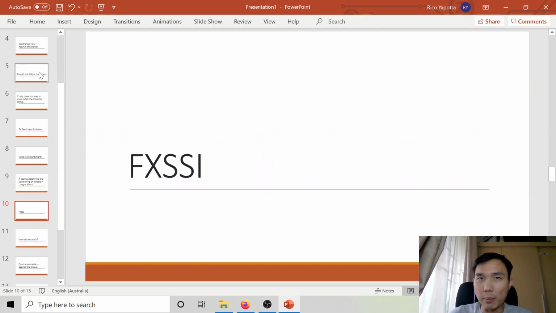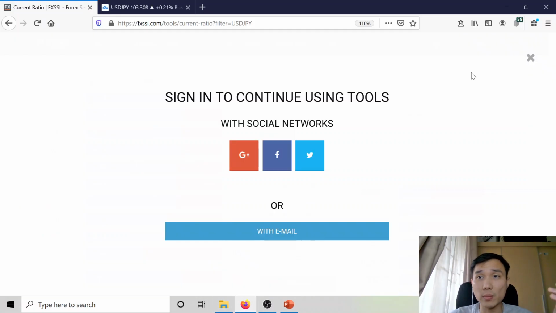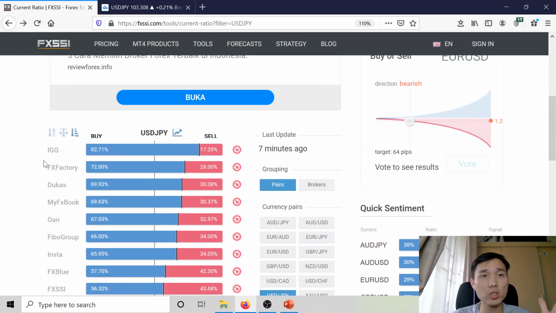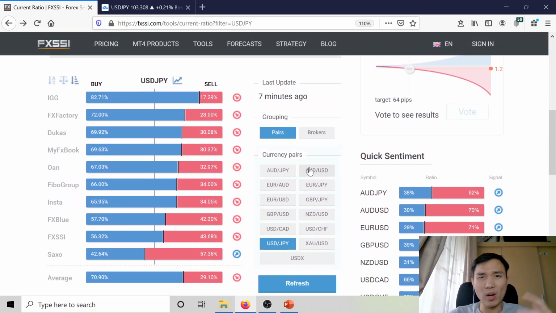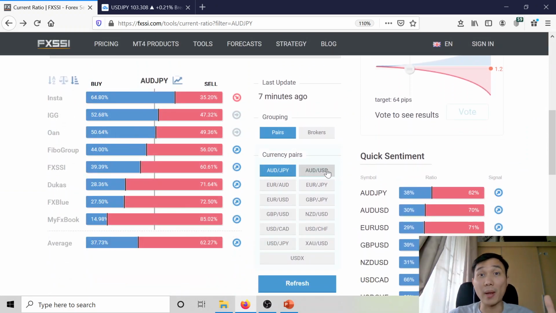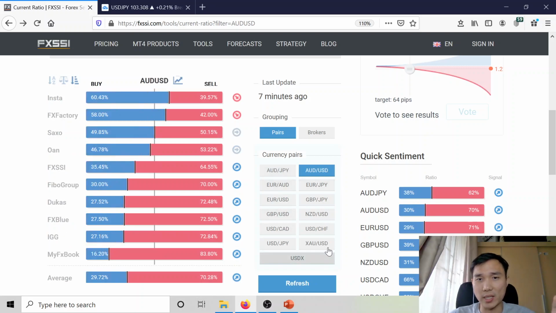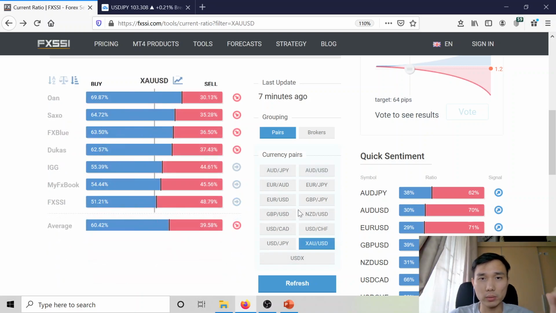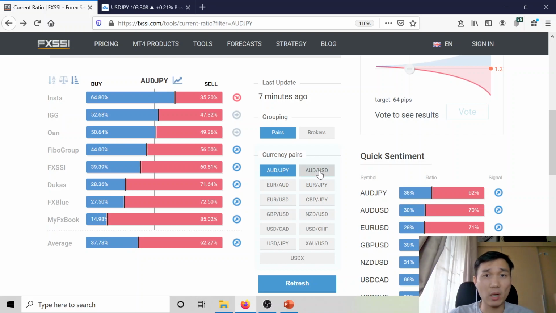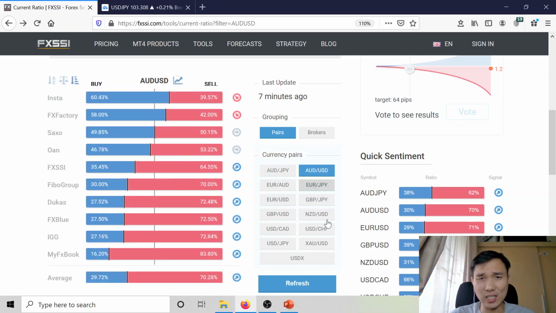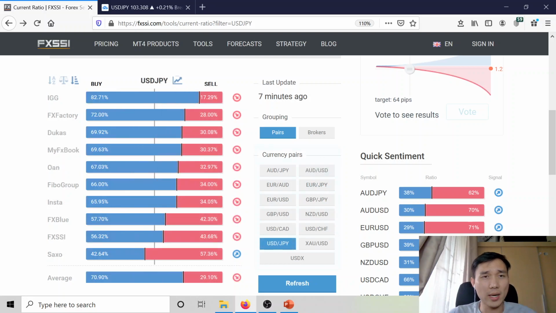What I'm using is fxssi.com right here. This is how it looks. The only thing is they don't cover all pairs, only the majority of pairs and basically gold, and I think that's all. We're going to focus on forex pairs anyway. Let's pick the US dollar and Japanese yen.